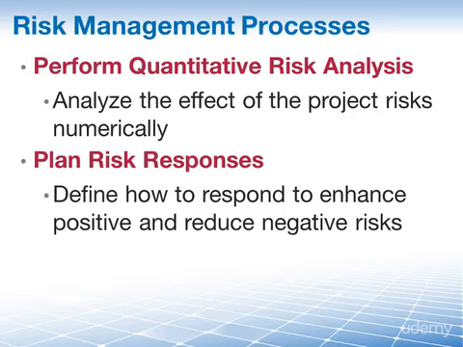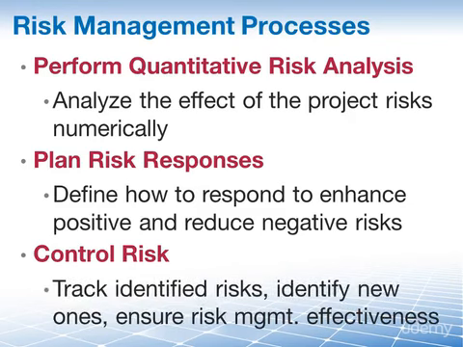But in the end, since we had a plan at the beginning, plan risk management at the beginning of our knowledge area, we have control risks at the end because we want to keep control of everything we do. This is the process of implementing risk response plans, tracking identified risks, monitoring residual risks, identifying new risks, and evaluating risk process effectiveness throughout the project.